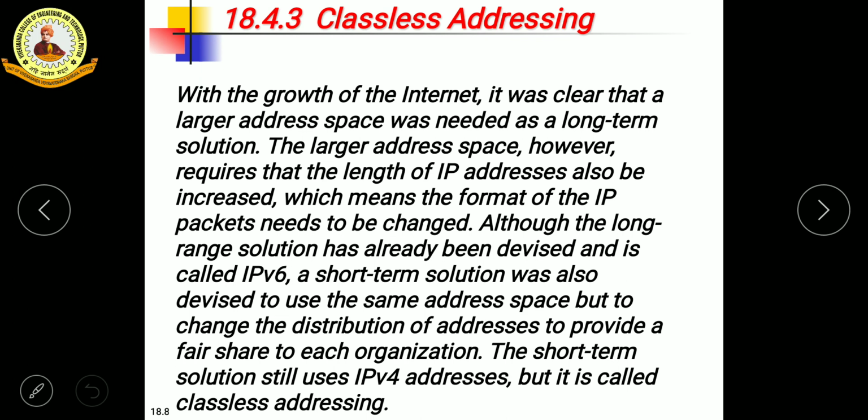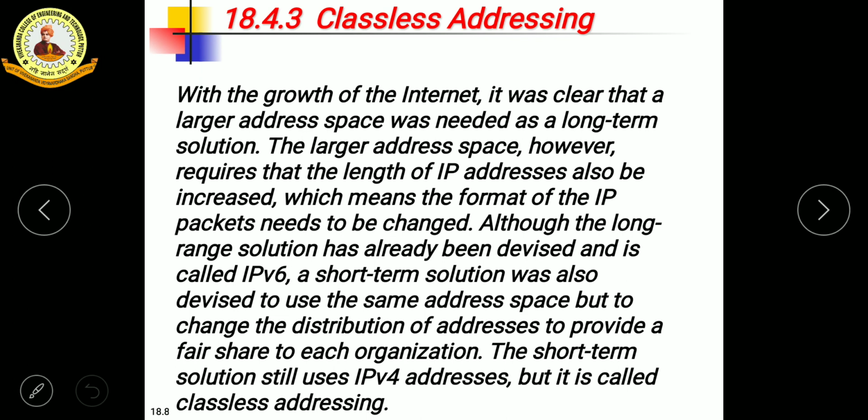A larger address space, however, requires that the length of IP addresses also be increased, which means that the format of IP packets needs to be changed. So this gave rise to IPv6 as a long-range solution. A short-term solution was also devised, that is classless addressing.